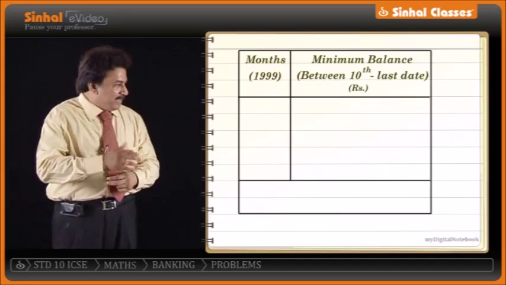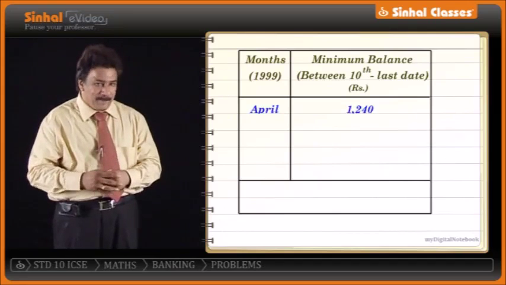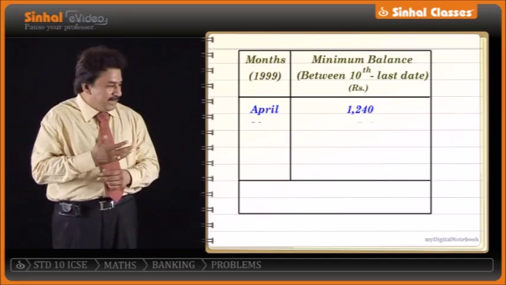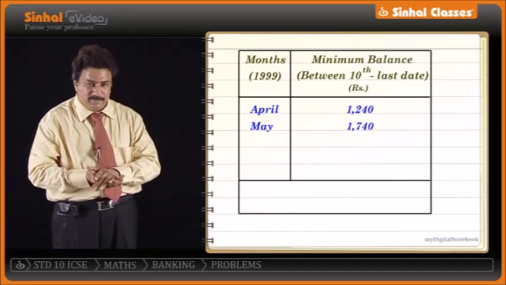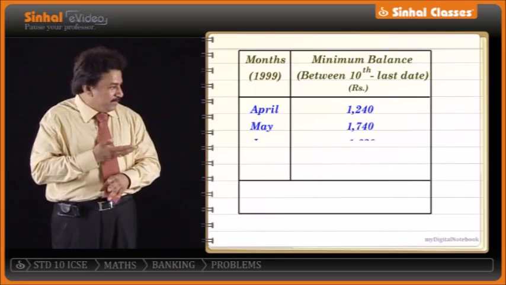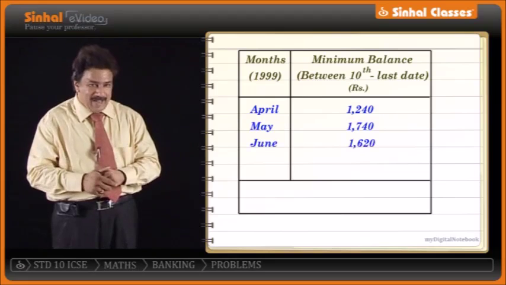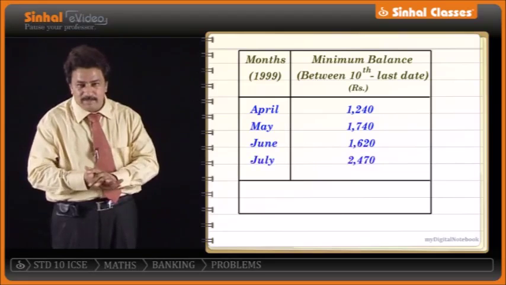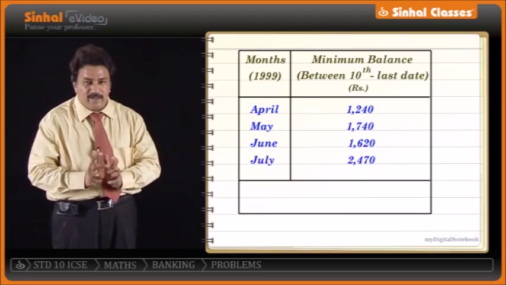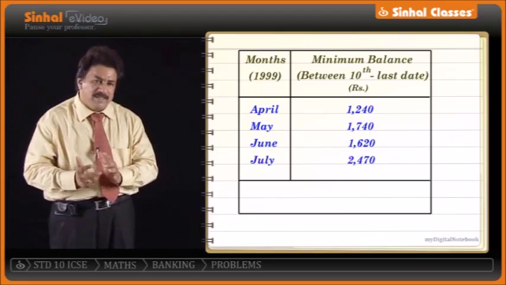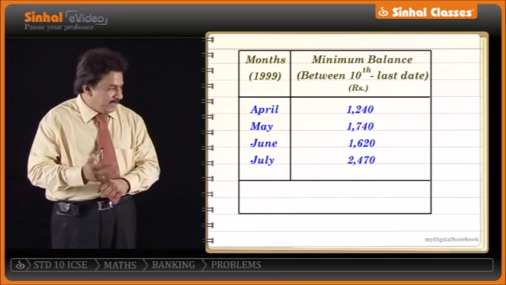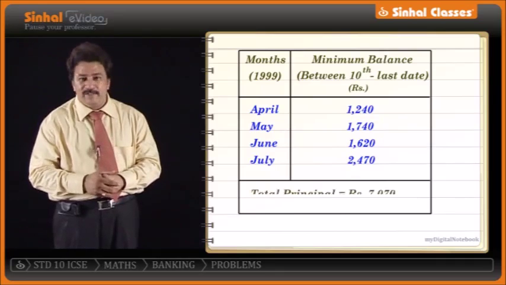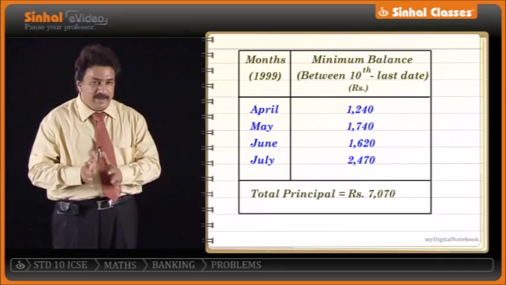For the month of April, the minimum balance is 1240. For the month of May, it is 1740. For the month of June, it is 1620. And for the month of July, it is 2470. When you add them together, the total is nothing but the total principal. That comes to rupees 7070.